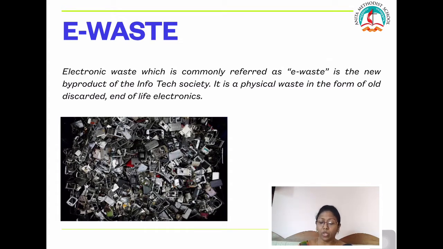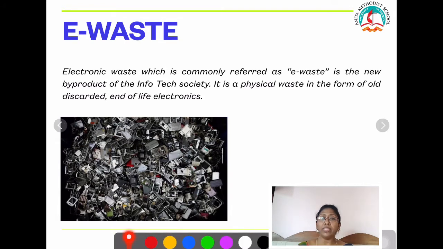These equipments cannot be resold, so they are dumped and that becomes e-waste. So e-waste, which is commonly called electronic waste, is a byproduct of the infotech society. It is a physical waste in the form of old, discarded, end of life electronics.